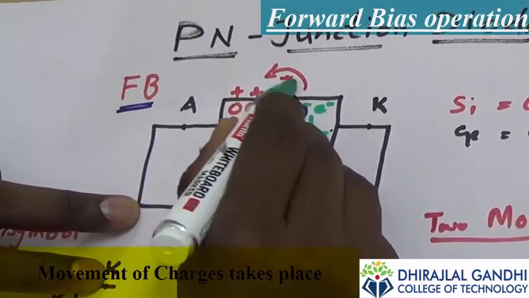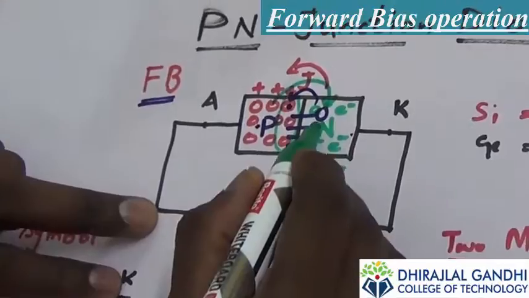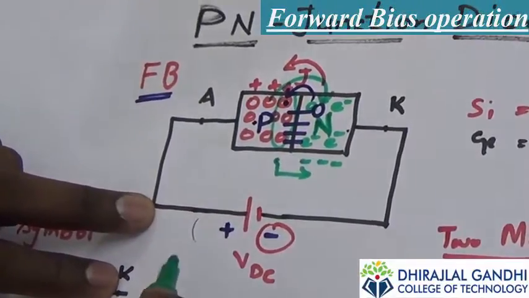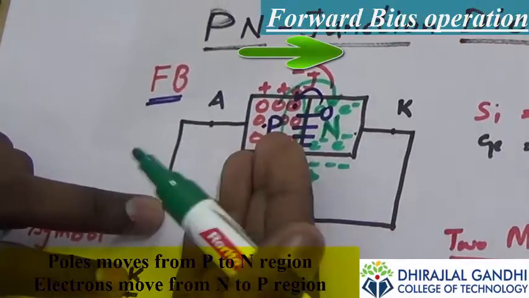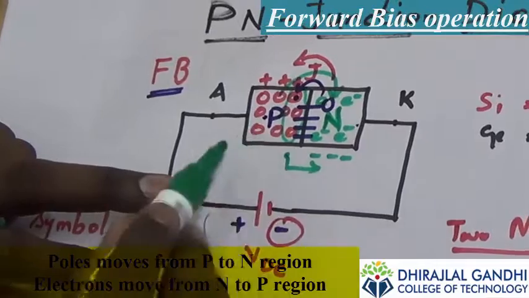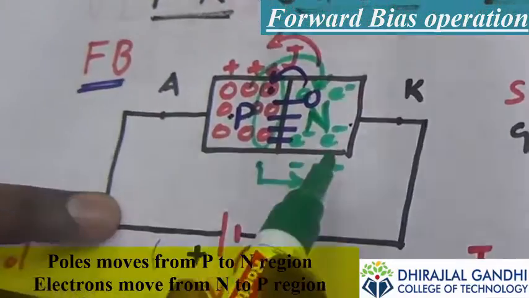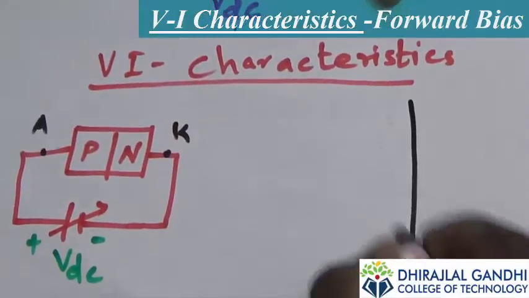Therefore, the holes move from positive to negative plate, and similarly all the electrons move from negative to positive.